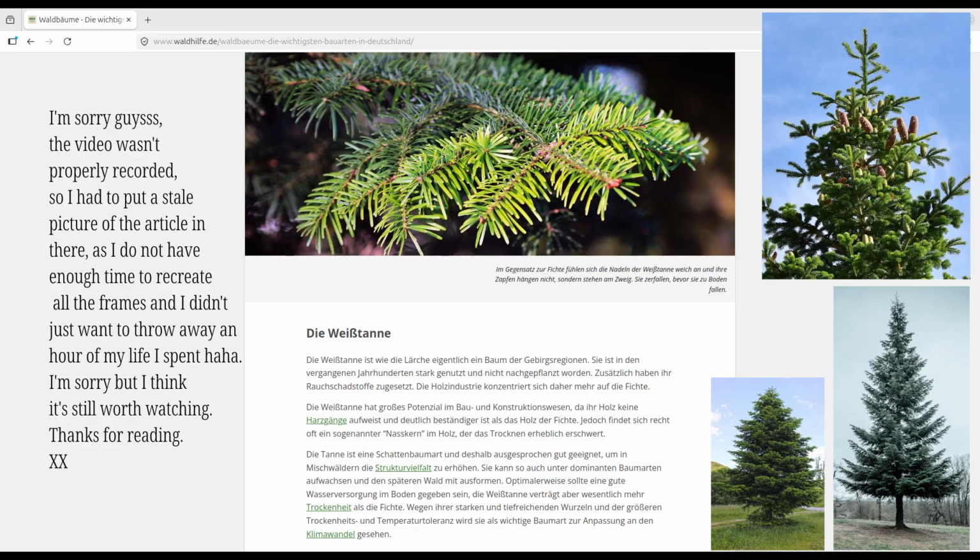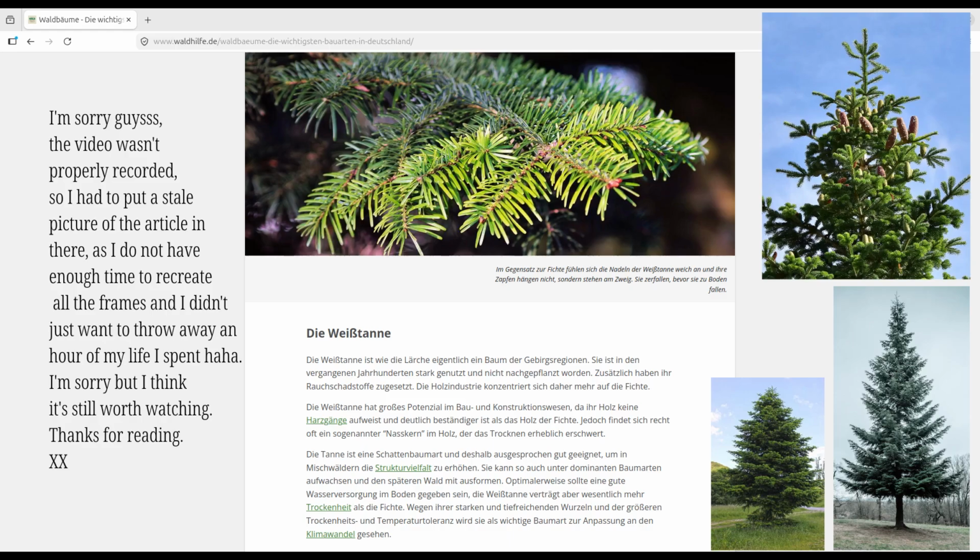Mischwälder. Yeah, needle or conifers and deciduous trees. So, in Mischwäldern, in mixed wood types, you could say. Mixed forest, yeah. In mixed forests.